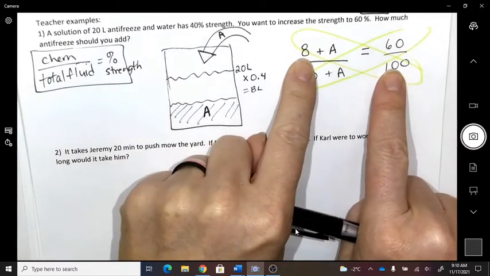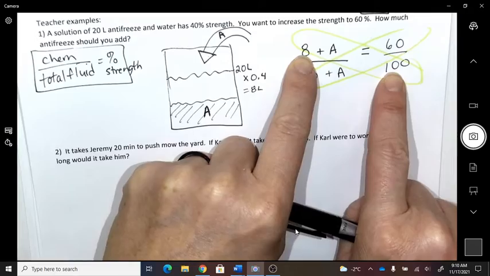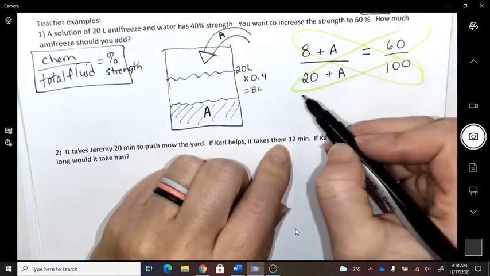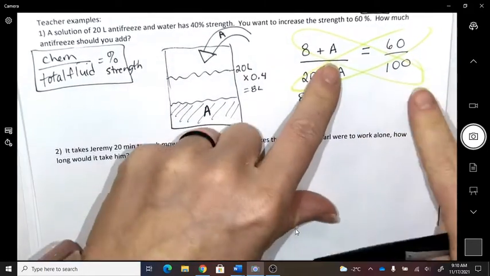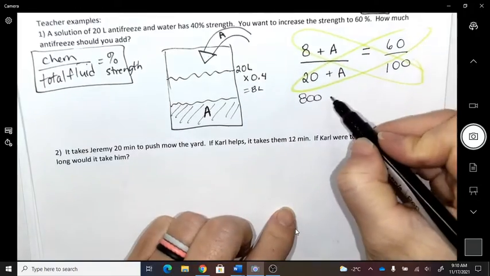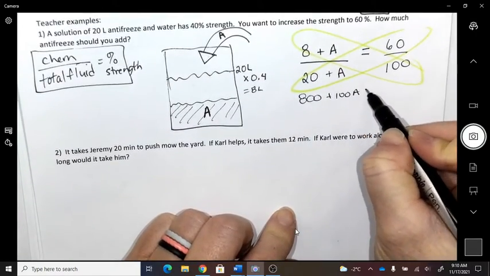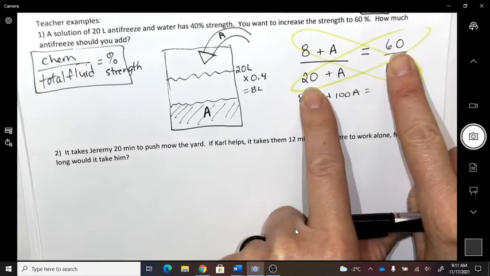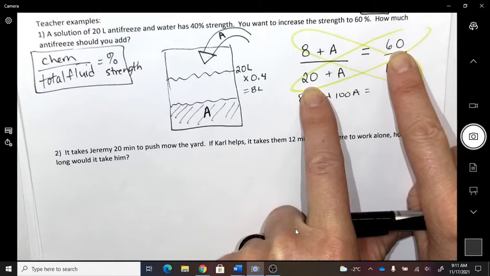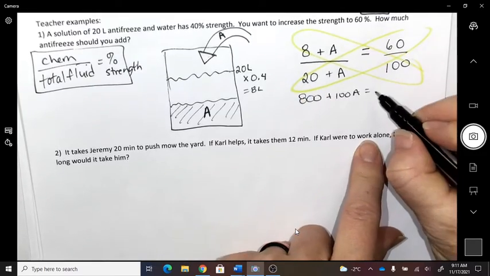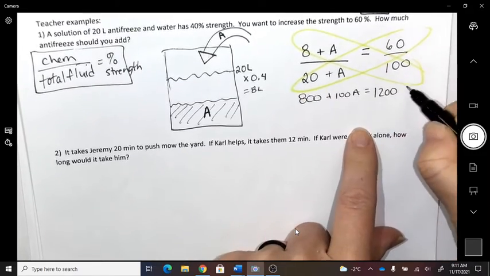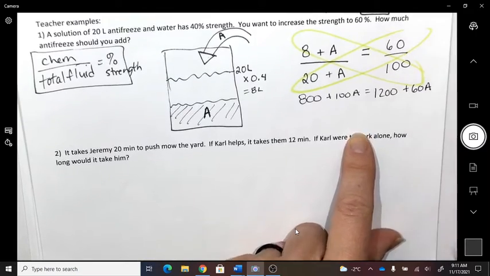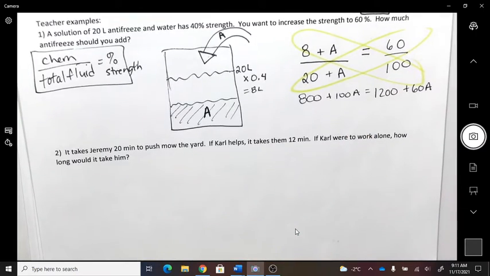So I'm going to go like this. 100 times 8 is 800, plus 100 times A. Now I'm going the other diagonal. So 1200 plus 60A. Okay, that's the cross multiply.